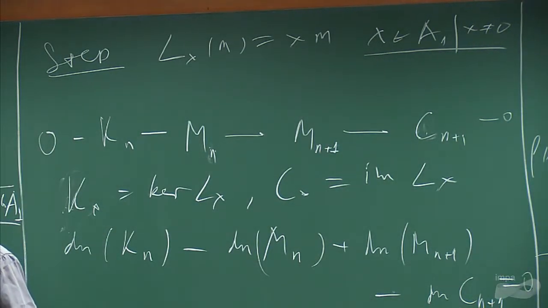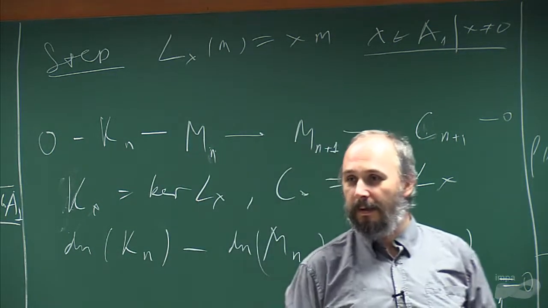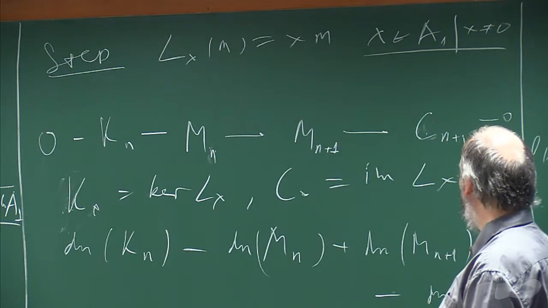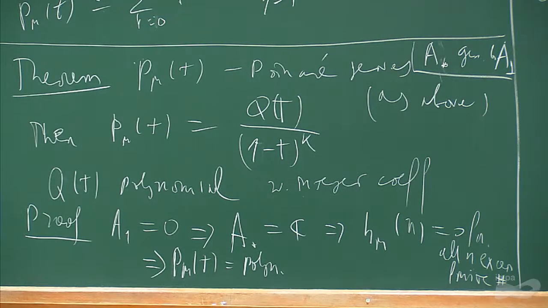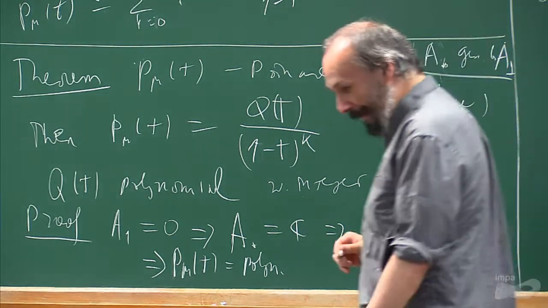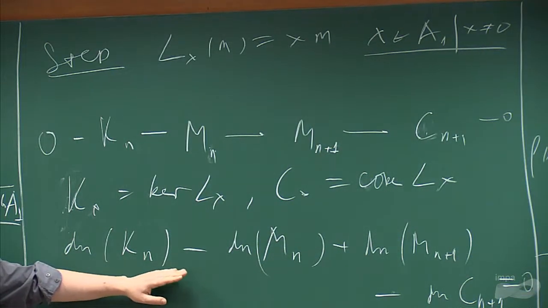Clear? Am I going very slowly? Okay. Questions? Oh, of course. Thanks. Did I say image? I think I said cokernel, but I wrote image. Thank you. Anyway, so now, should I explain this?